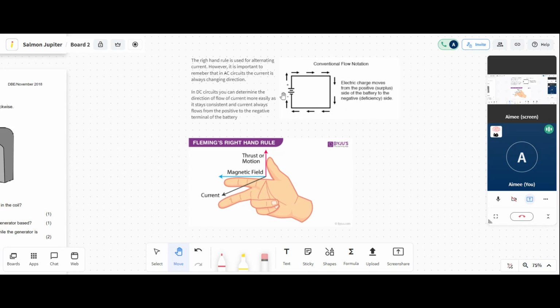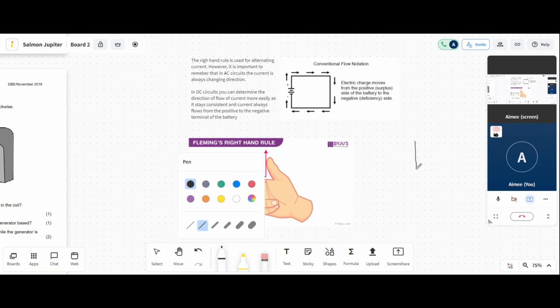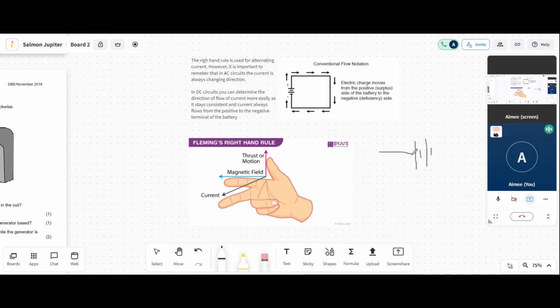And you know that when you draw a cell in your circuit, a cell is like a battery, the long side is the positive side and the short side is the negative side.